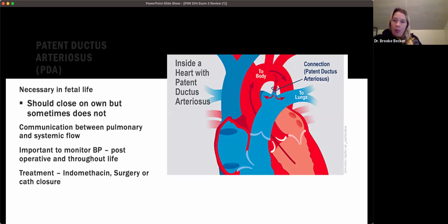Obviously blood pressure with any cardiac kid is really necessary, really important. But with PDA kids, it seems to be a little bit more imperative to monitor more closely because they can have elevated pressures.